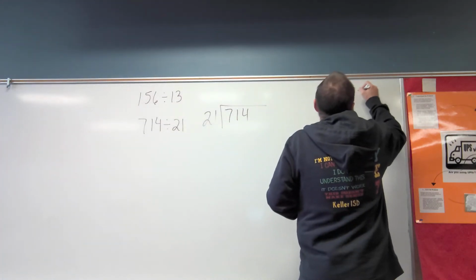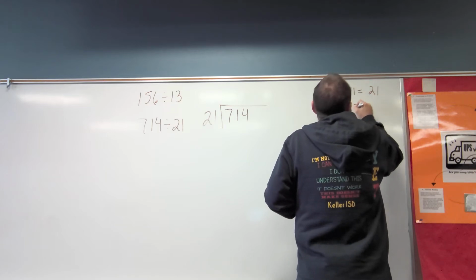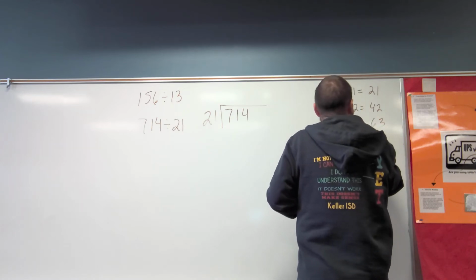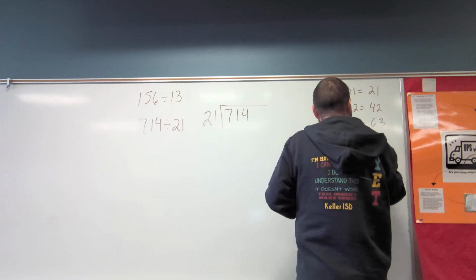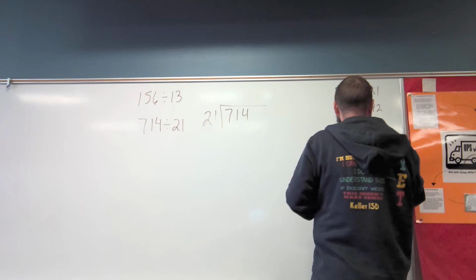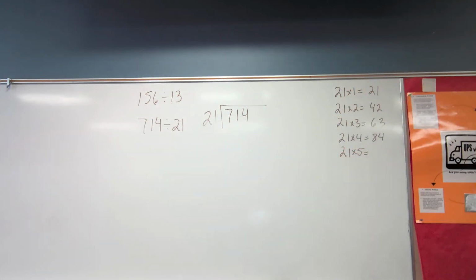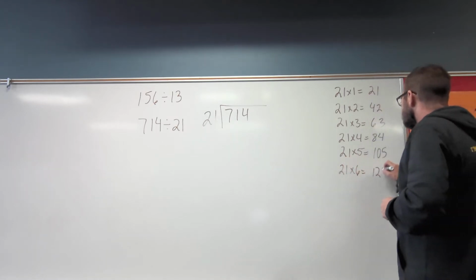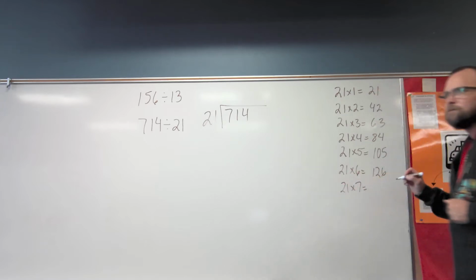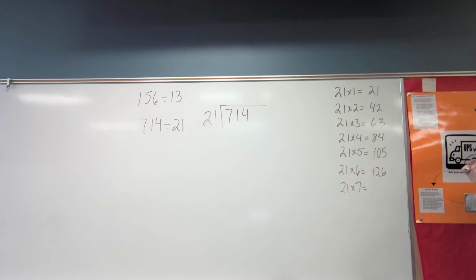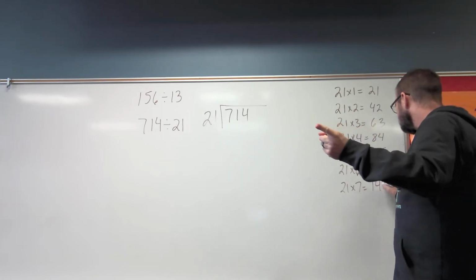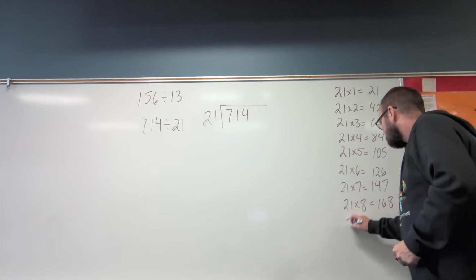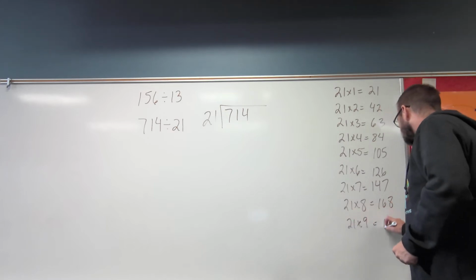So 21 times 1 is? 21. 21 times 2 is? 42. 21 times 3 is? 63. 21 times 4 is? 84. 21 times 5 is? 105. 21 times 6 is? 126. 21 times 7 is? 147. 21 times 8? 168. 21 times 9? 189.